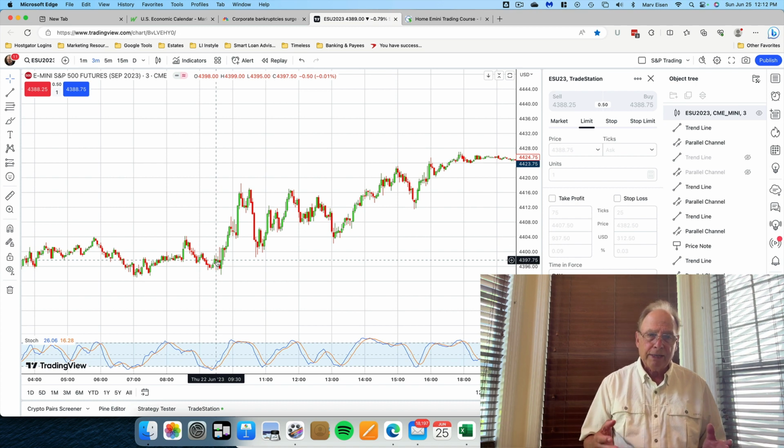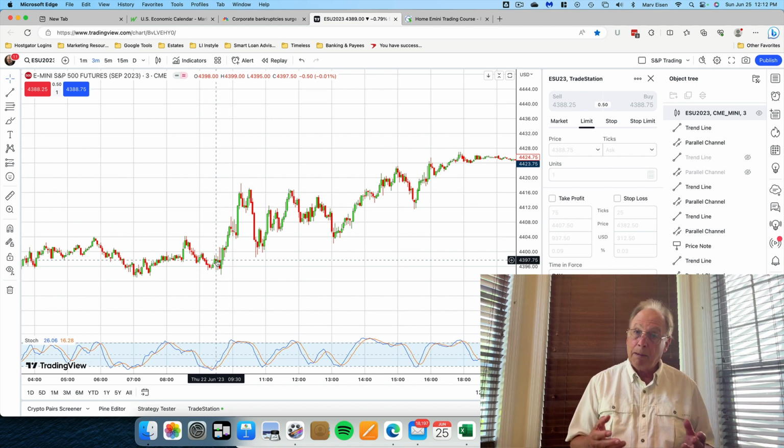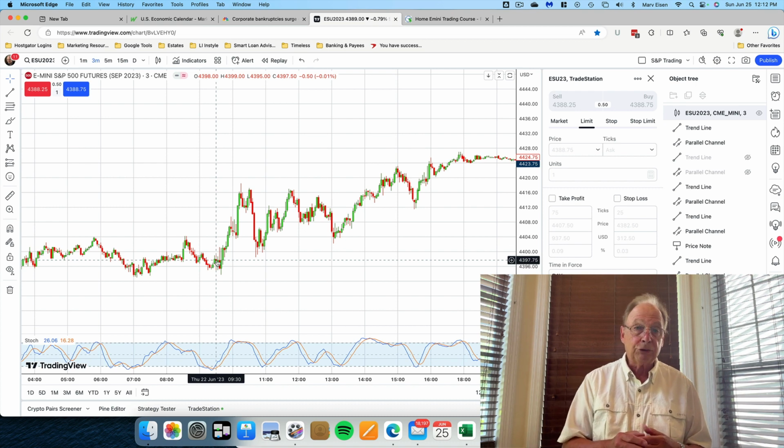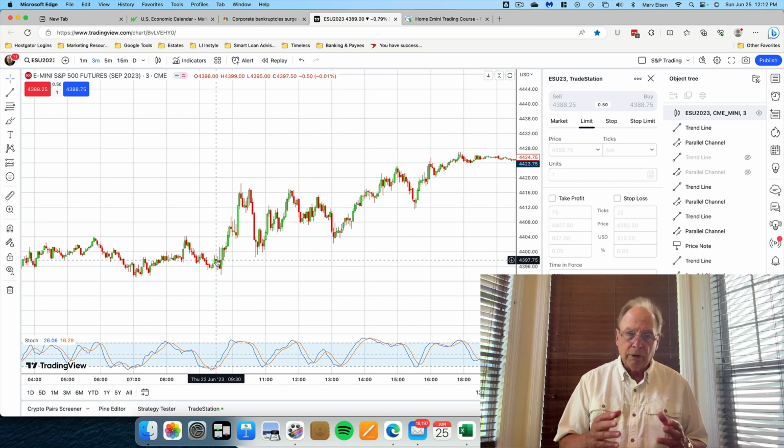If we look at these candles as they develop, and remember, there are 4 points between each horizontal line on this chart. Looking at these candles, the average candle, 3-minute candles mind you, is 4 to 6 points.